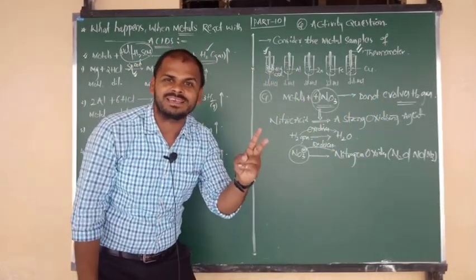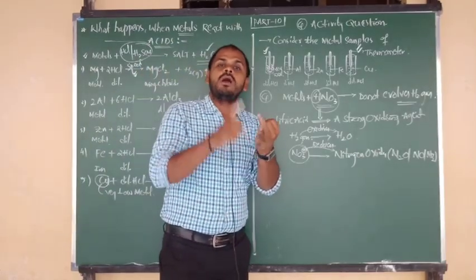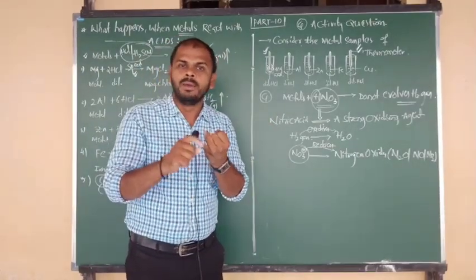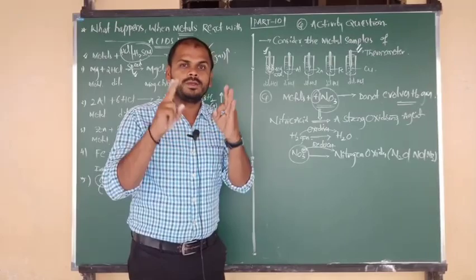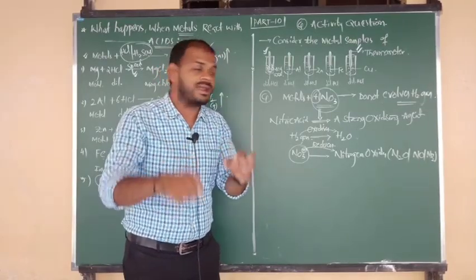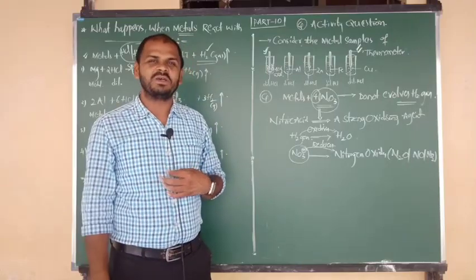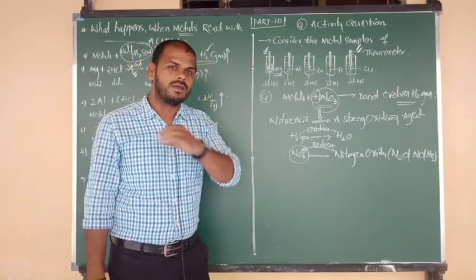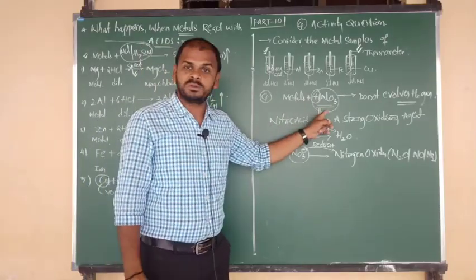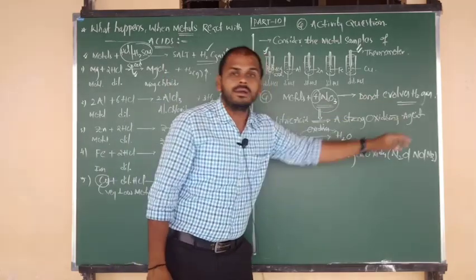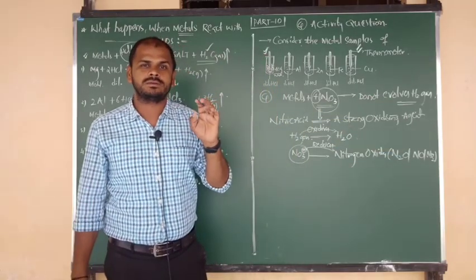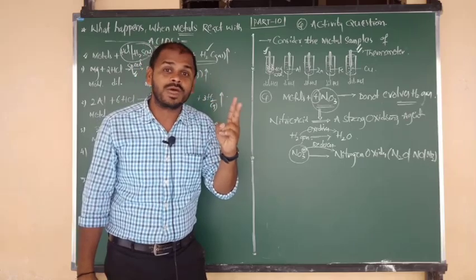But two special metals are there. One is magnesium, one more is manganese, Mg and Mn. In these two special cases, they can react with dilute HNO3 and evolve H2 gas. Only two metals are exceptions. Remaining all metals on reaction with HNO3 do not evolve H2 gas. Except two metals. What are the two metals?